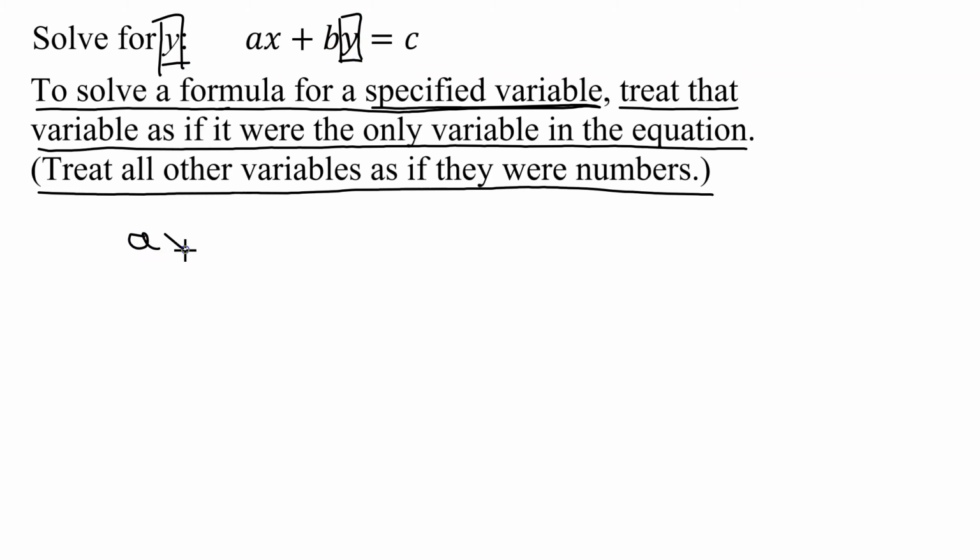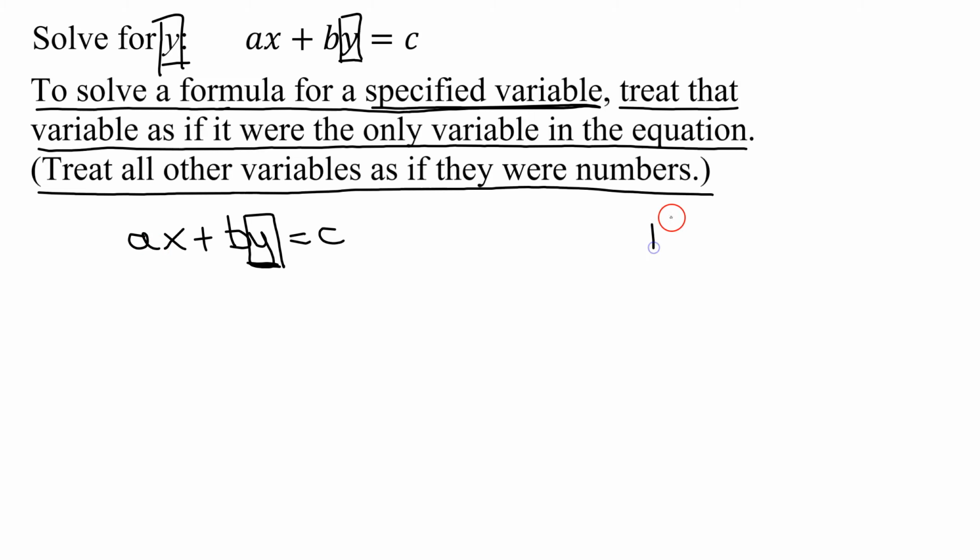So I have ax plus by equals c. So we've got to act as though y is our only variable. Everybody else is a number. So if you get very overwhelmed with the a x's, b's, and c's, pretend everybody else is a number. Just make them up as you go along.